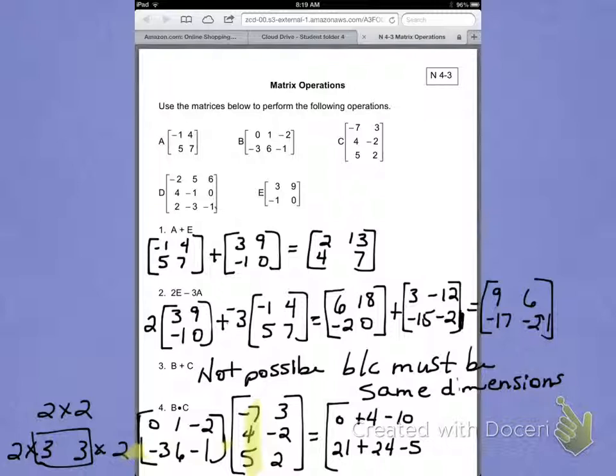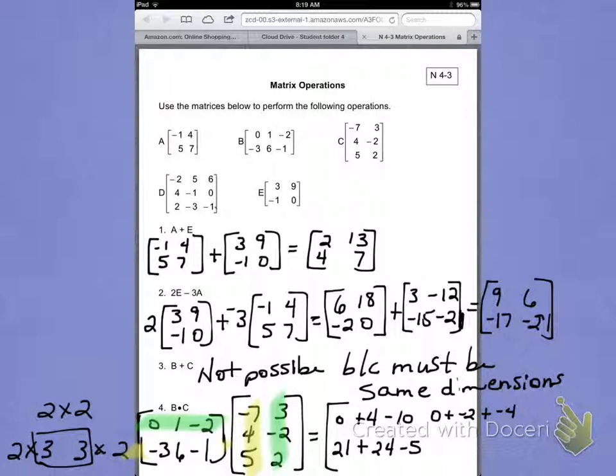So let's look now at, we don't need the first column anymore. So we're going to go to the first row, second column. I'll change my highlighter a little. So we're going to go first row, second column on this one. So to multiply that, we end up with 0 times 3, which is 0, plus 1 times negative 2, which is negative 2, and negative 2 times negative 2, which is negative 4.